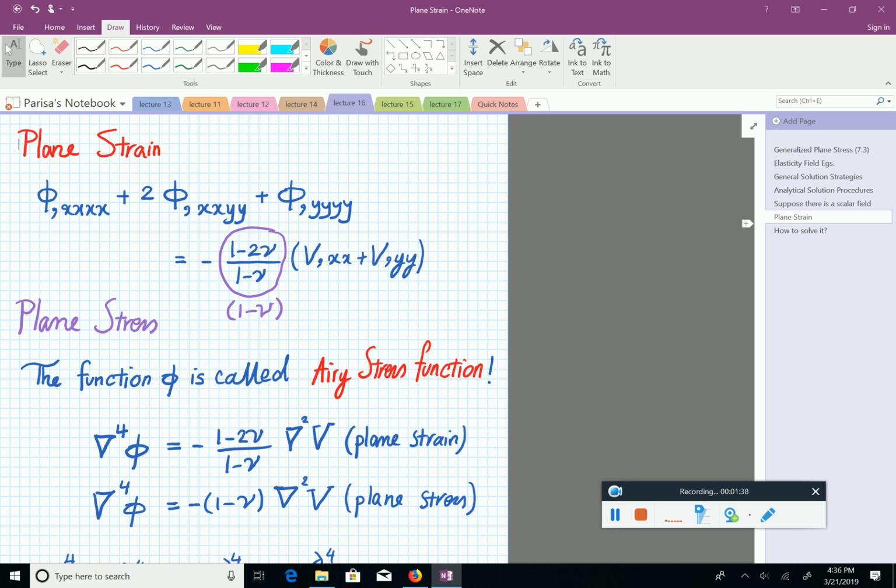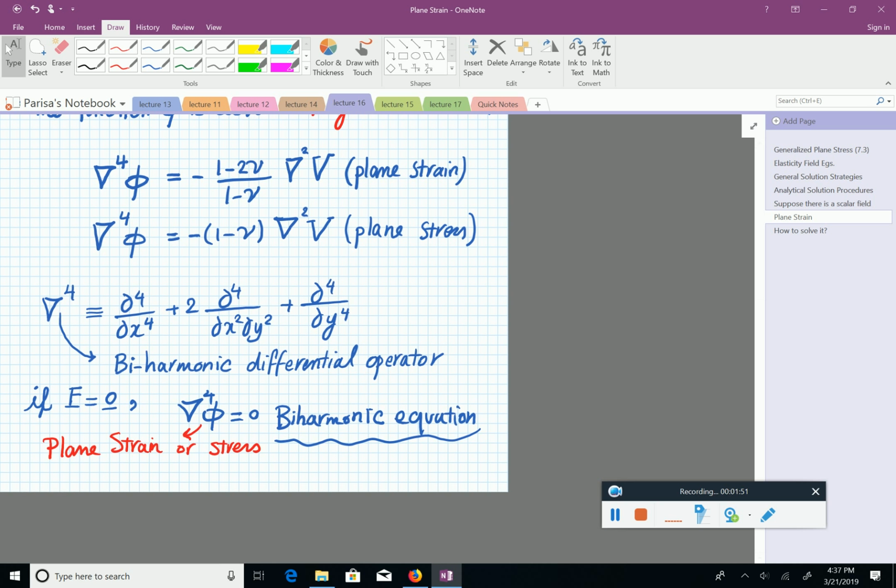So if there is no external body force, then the right-hand side becomes 0, right? And then we saw that if the right-hand side is equal to 0, the Laplacian squared of the Airy stress function should be equal to 0. That equation is called the biharmonic equation.